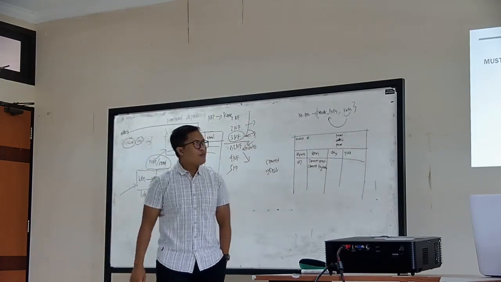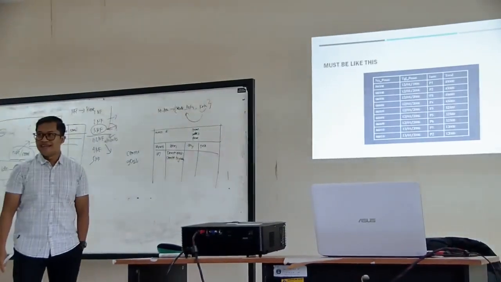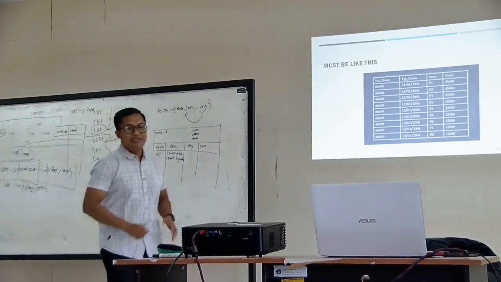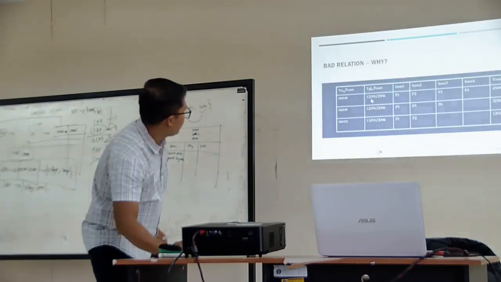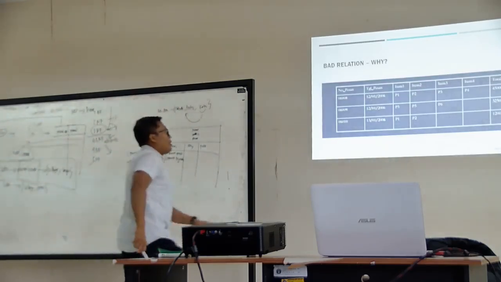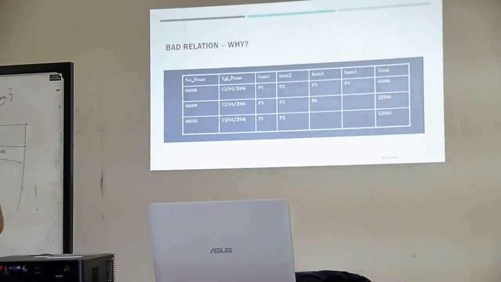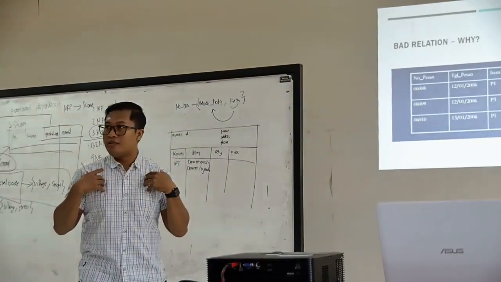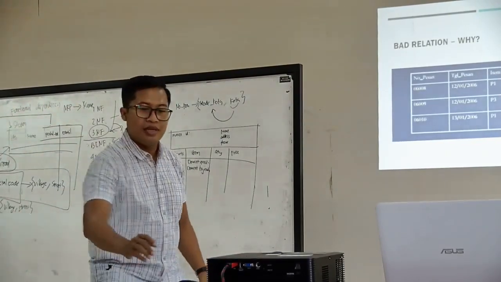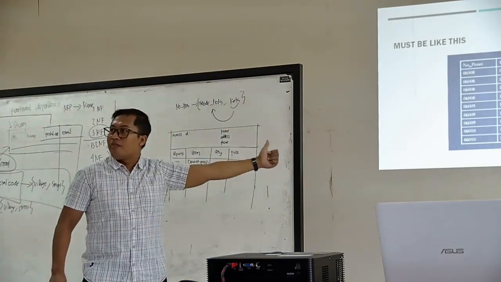Okay, the next question is where we can find information about the price of each item. Okay, we are going back to the previous slide. Where can we find the price of each item? If we need to write it with a different total, where do we find the information? We don't have the information about that. So you don't need to worry because this is only the first step of normalization.